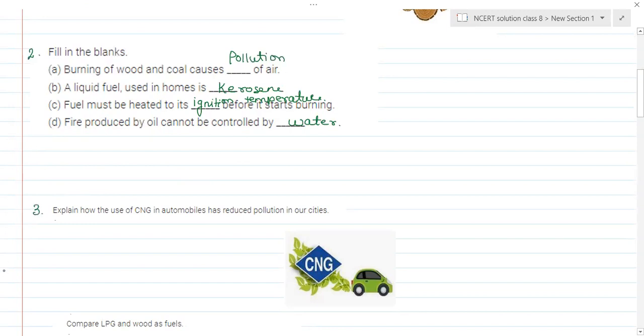Third question: how the use of CNG in automobiles has reduced pollution in our city? So it's a very simple but very effective question.